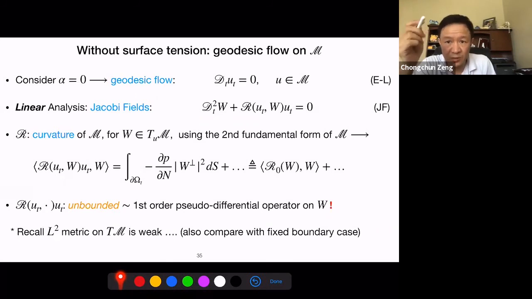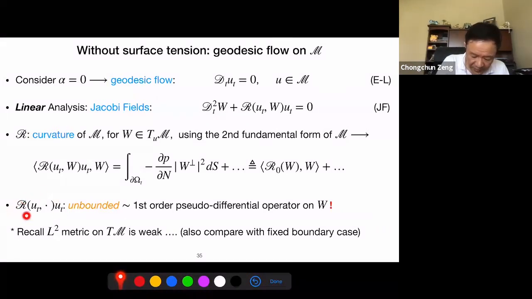But for the problem on the moving domain right now, this curvature operator becomes an unbounded operator. This is really related to what I commented before: the Riemannian structure is based on the L2 structure on the tangent bundle of the configuration manifold. This is weaker than the differential structure of the manifold, conceptually.